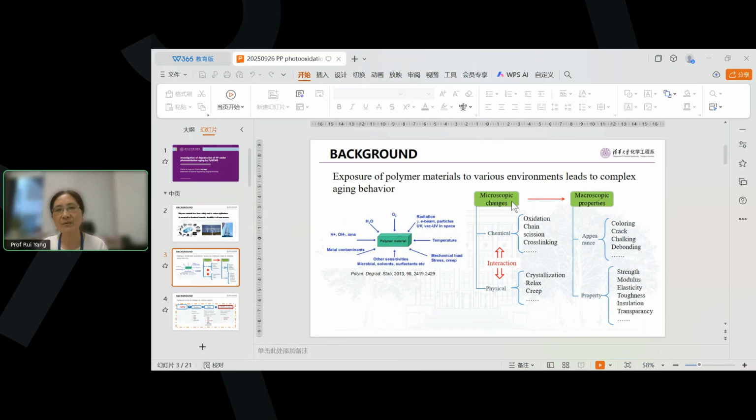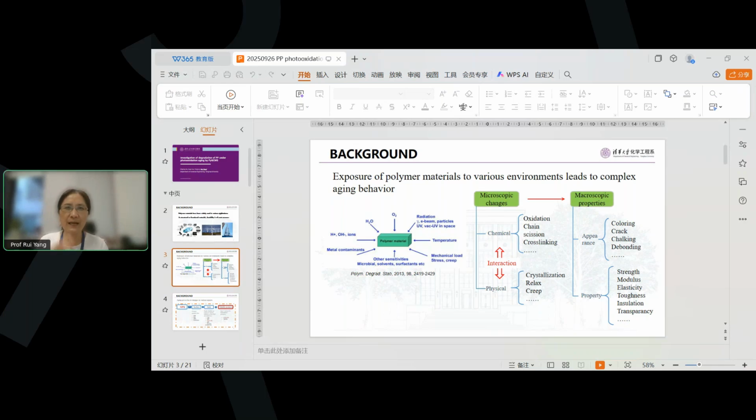The second one is unstabilized PP without antioxidant. We will see the effect of antioxidant on photo-oxidation aging. In addition, we also study the aging behavior of PP blends and PP composites. Of course, we will focus on the results from pyrolysis GC-MS and flash evaporation techniques.